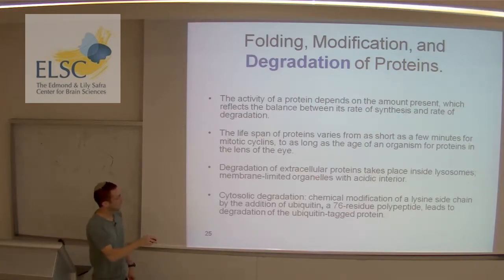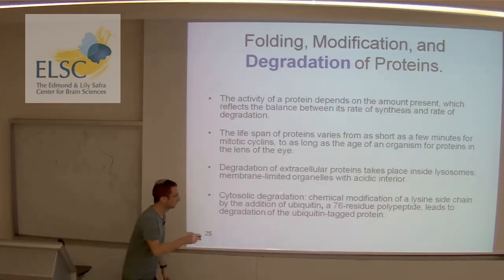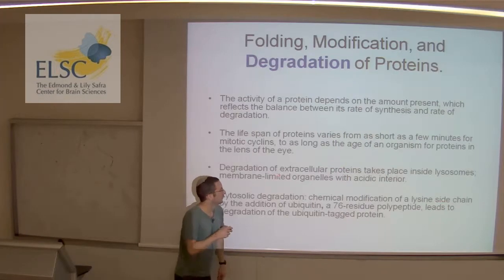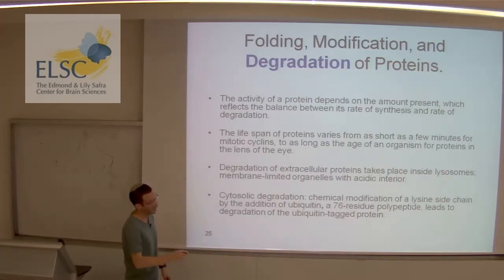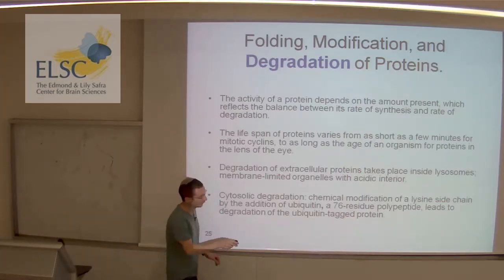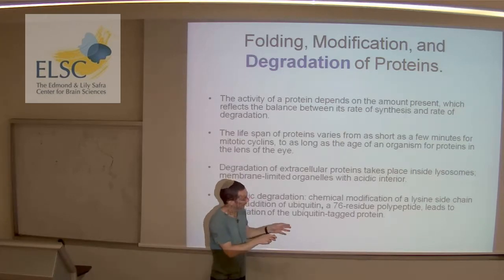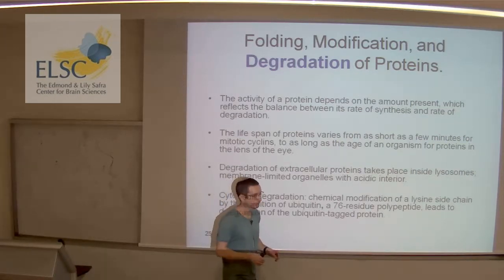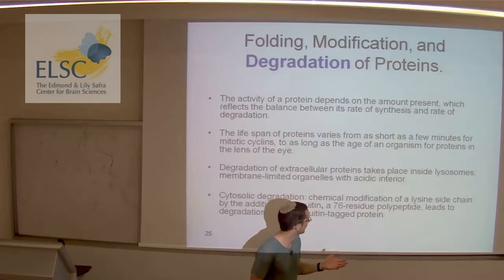Degradation is different for extracellular proteins that are secreted to the cell environment, and for intracellular proteins. Extracellular proteins undergo degradation inside lysosomes. We will see the structure precisely, exactly how it looks and so on, in a chapter after the next.